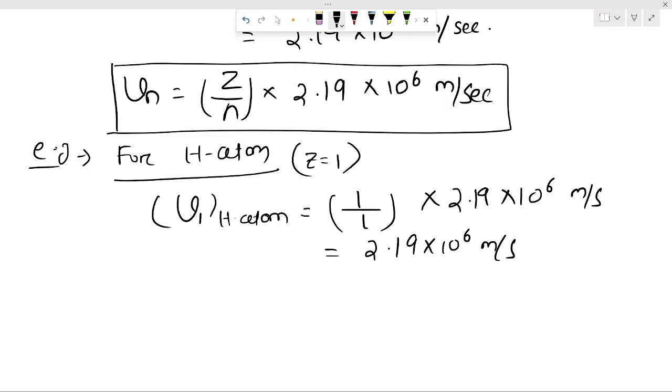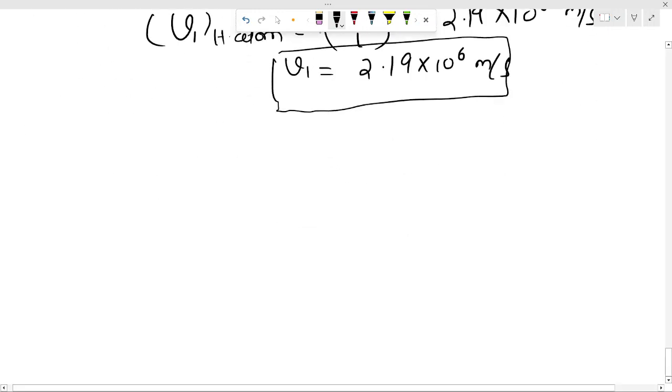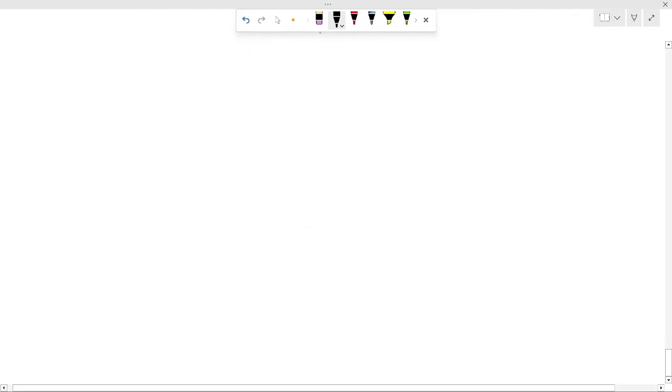This is for the first orbit of hydrogen atom, that is, velocity of electron in its first orbit, V1. You can also calculate for lithium 2+, helium+, and further you can calculate these values.